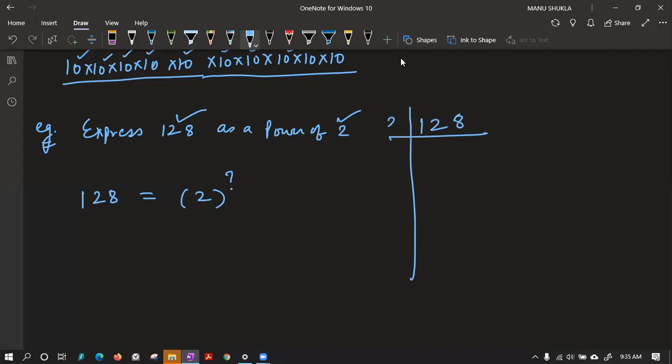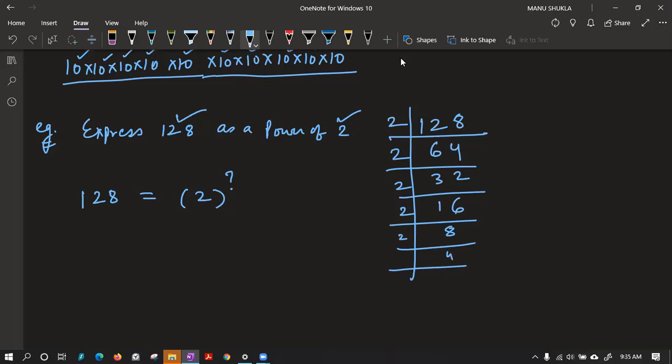We have 128. 2 sixes are 12, 2 fours are 8, 2 threes are 6, 2 twos are 4, 2 ones are 2. So class, were you able to understand this prime factorization? We can write 128 as 2 into 2 into 2 and so on.